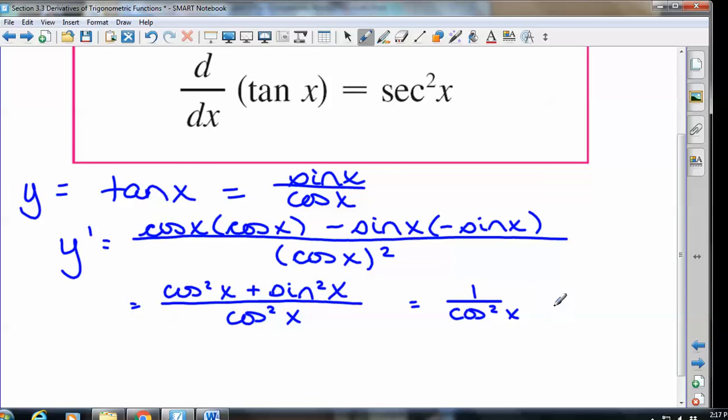Cosine squared plus sine squared is 1. So you get 1 over cosine squared, which is secant squared. So the nice thing is, if you remember sine and cosine, you could do all of the other 4 functions just by quotient rule, if you needed to.